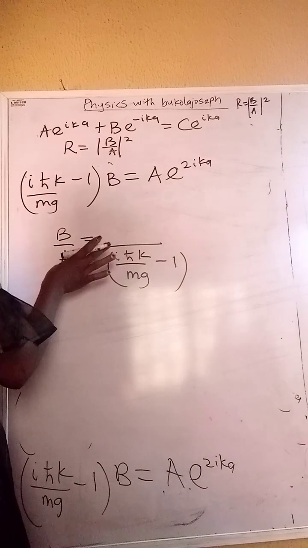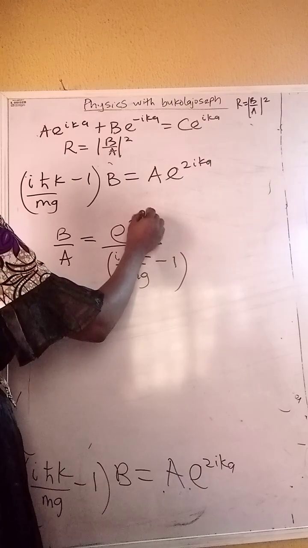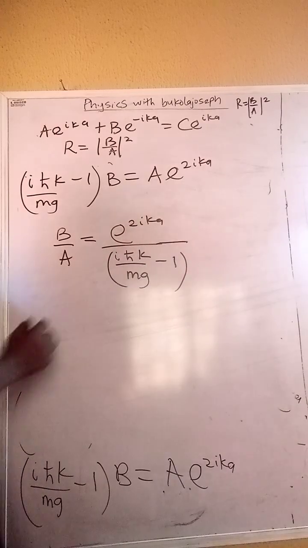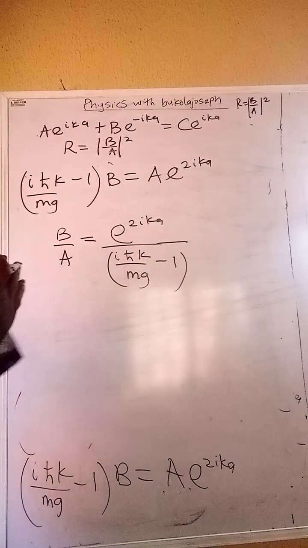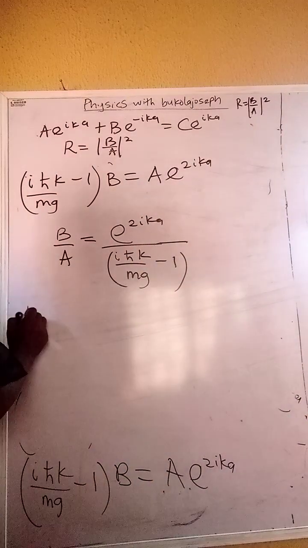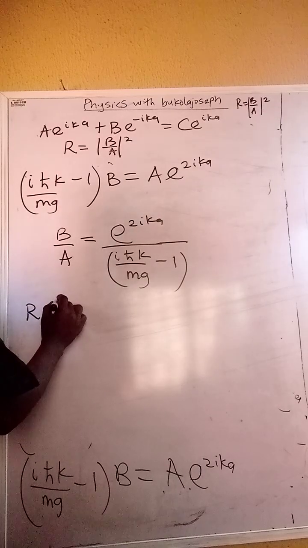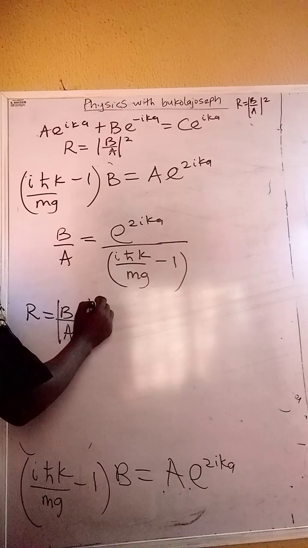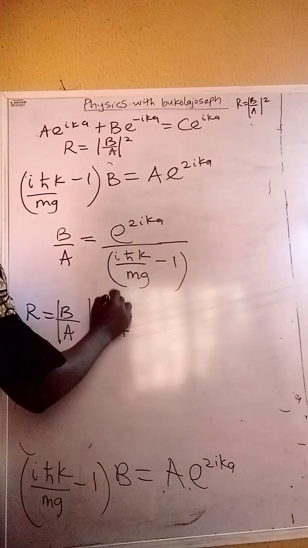So what am I going to multiply with this to give me this? I will be multiplying with this 2ika. Now we have gotten our b over a. So now our reflection will be equal to b over a, you remember, times b over a.